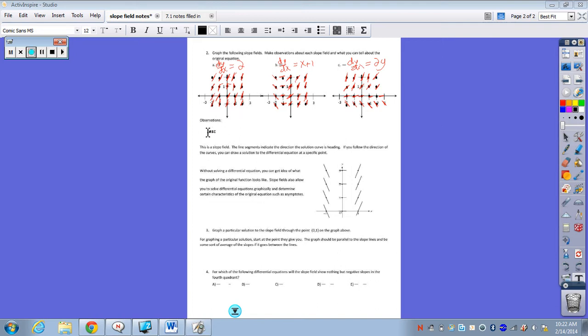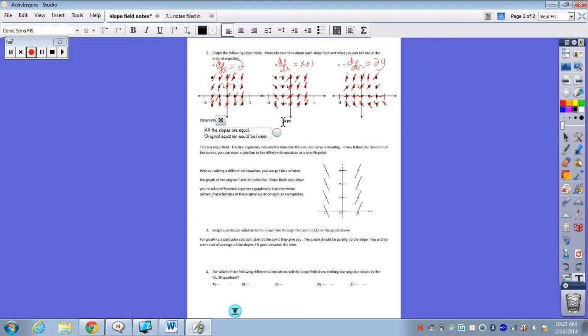So you can see that, and if we do an observation, we can say that all the slopes are equal. And that makes sense since we get a constant value. And the original equation would be linear, which we can tell because if we drew in the original equation, you would pretty much have a line if you followed along the slopes.